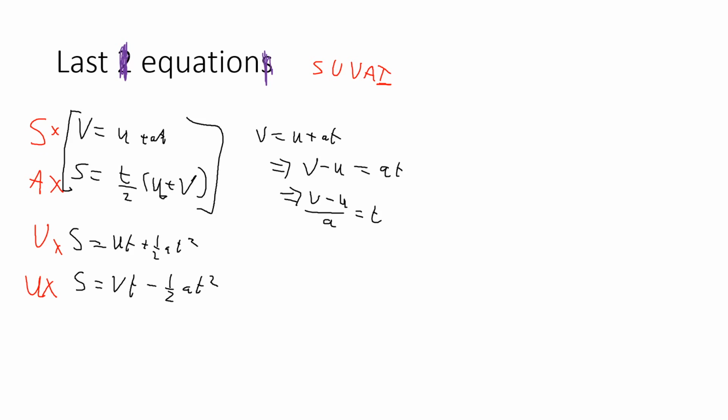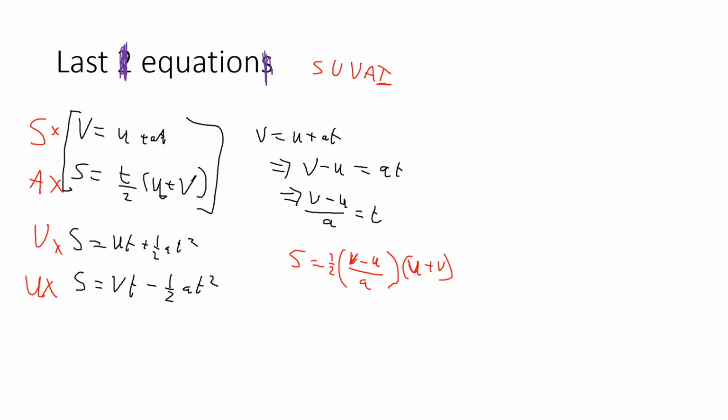Let's substitute that into s equals t over 2 times (u plus v). So s is equal to (v minus u) over a, times a half, times (u plus v).